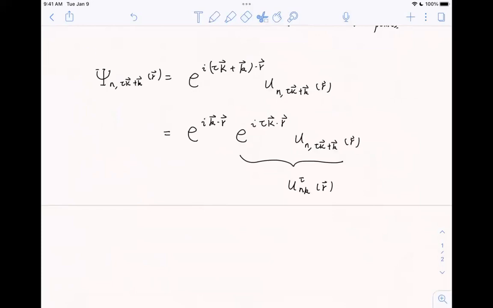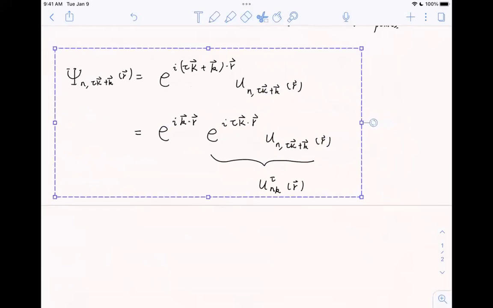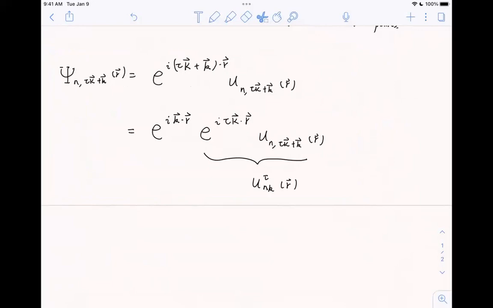Okay, so basically this will just equal to this.